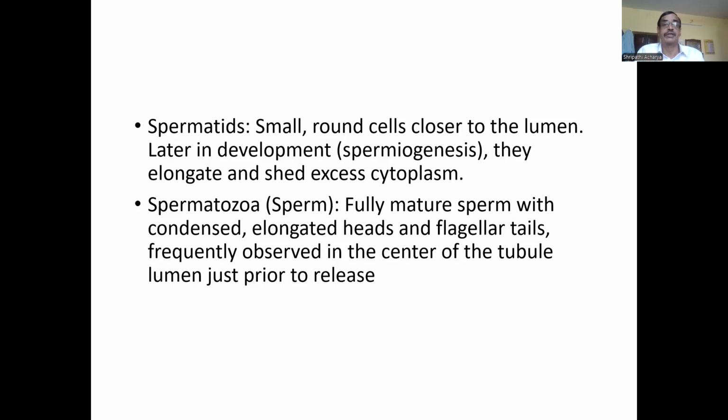Later in development, that is spermiogenesis, they elongate and shed excess cytoplasm. Spermatozoa or sperm, fully mature sperm with condensed elongated heads and flagellar tails, frequently observed in the center of the tubule lumen just prior to release.